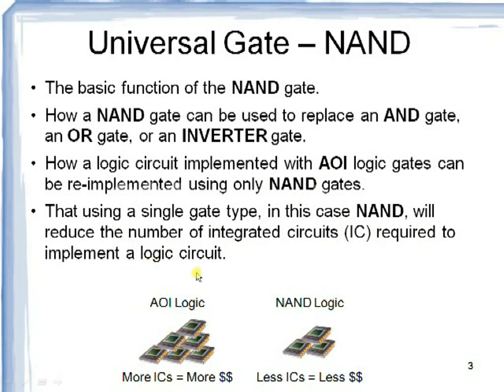If you go with AOI logic for implementing any circuit, it requires more ICs, and as the number of ICs increases, the cost of the circuit increases. If you go with NAND logic, the number of ICs required will be less, therefore the cost of the circuit is reduced.